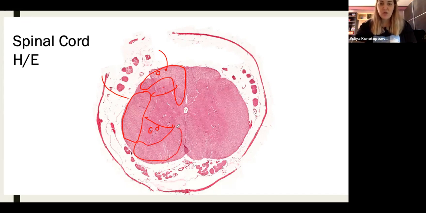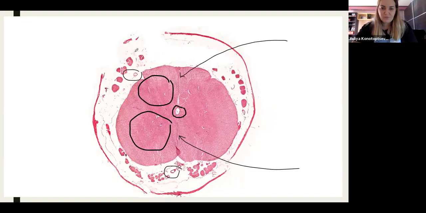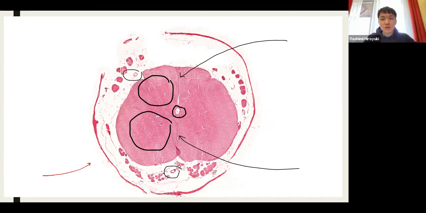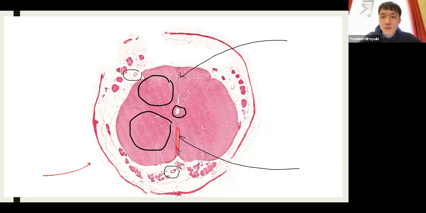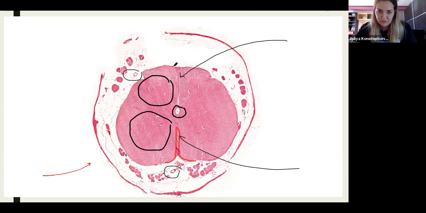Yes, that's true. We have mentioned the majority of the things. How do you know that this is the anterior side, though? Fissure. Artery. First, the fissure or the sulcus, right? So here, what do we have? Anterior median fissure, and here this little tiny invagination is the posterior median sulcus.